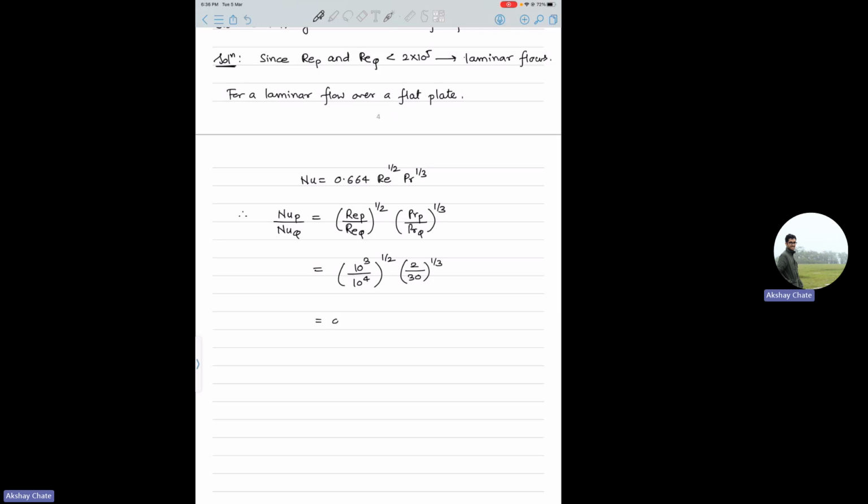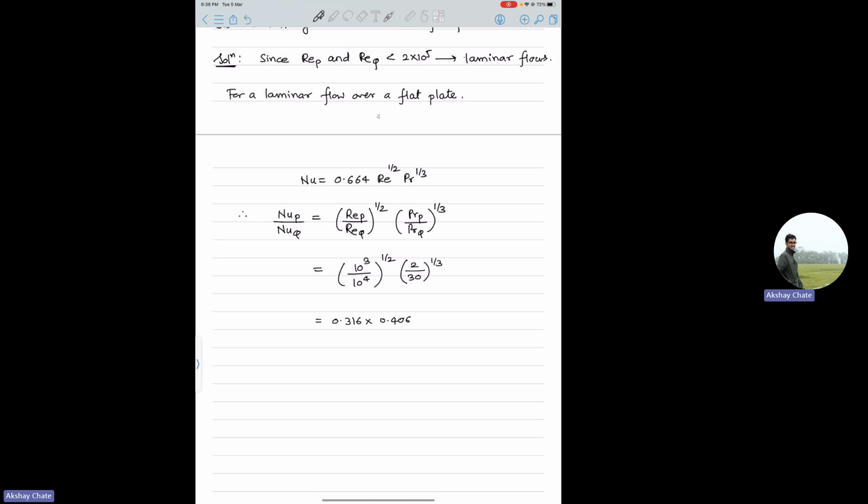So the first term is 0.316, into the cube root of 1 by 15. So 1 by 15, which is 0.0667, and we need to find the cube root of this, which is 0.406.